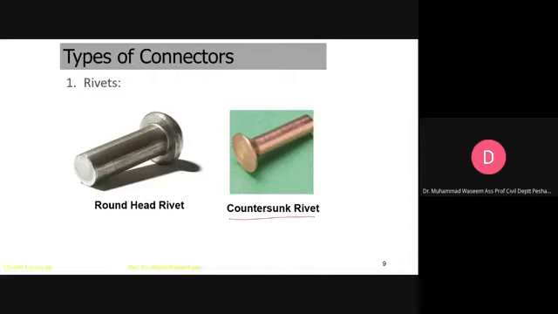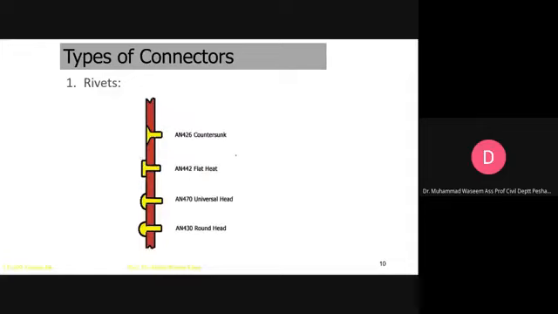Apart from countersunk rivets, we have flat head rivets, universal head rivets, and rounded head rivets. If there is a space availability issue on this side of the member, then you go for countersunk rivets. So let me explain now how riveting is carried out.